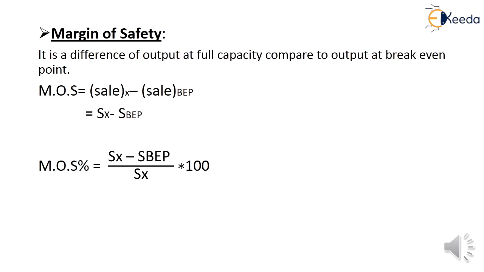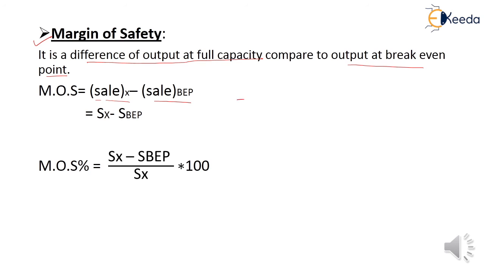What is a margin of safety? Margin of safety is nothing but the difference of output at full capacity compared to the output at break even point. That means margin of safety is the sale corresponding to full capacity minus the sale corresponding to the break even point.